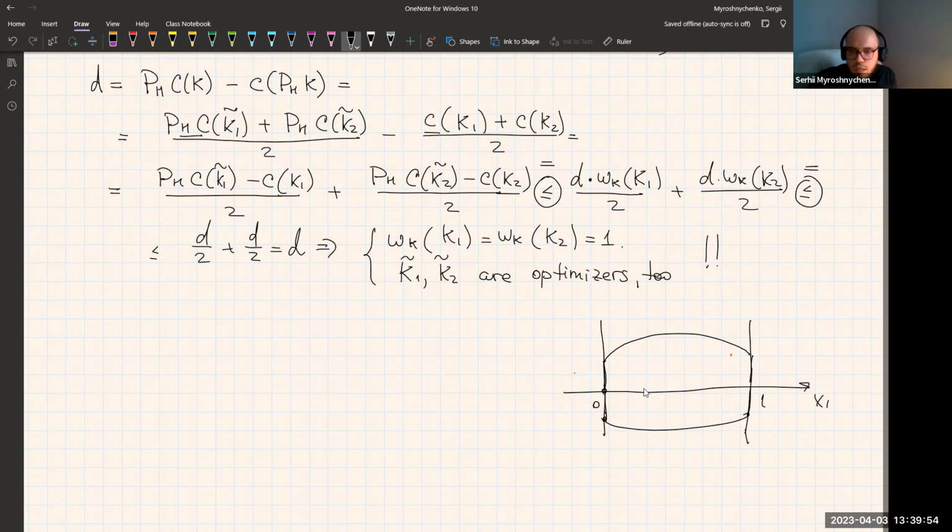Because I can do splitting like this, and sure, everything looks okay, but then I can repeat my step for this upper part and do it again, and again, and again. Every time the area should strictly decrease. But eventually I will be in trouble again, because I will end up having a region for which the width is strictly less than 1, which is not allowed according to our earlier consideration.